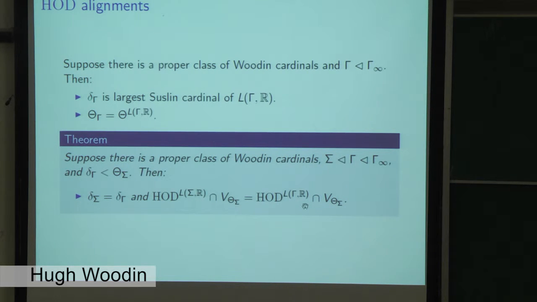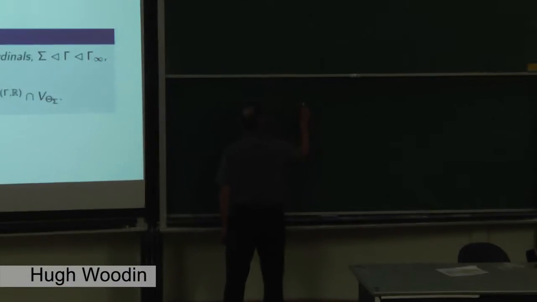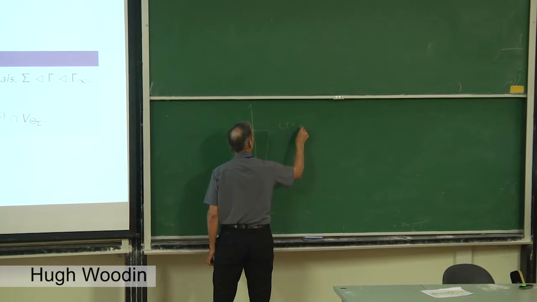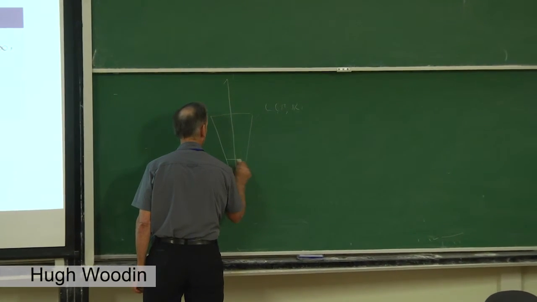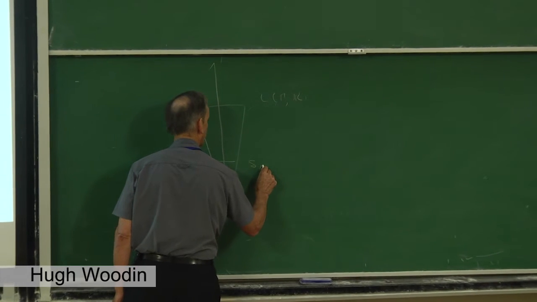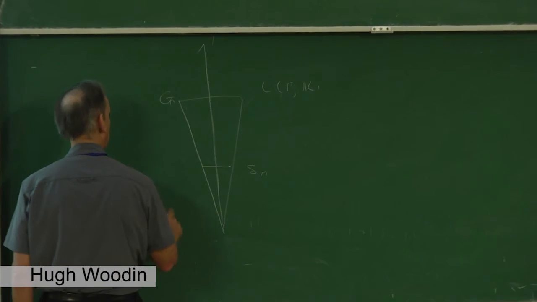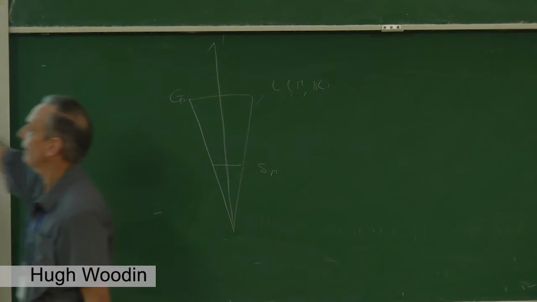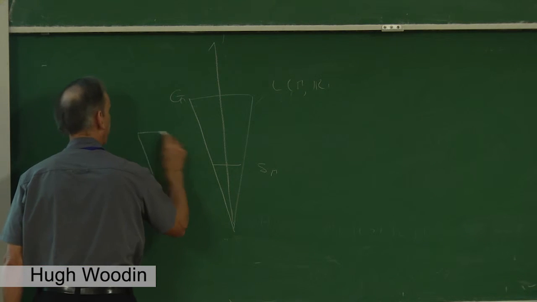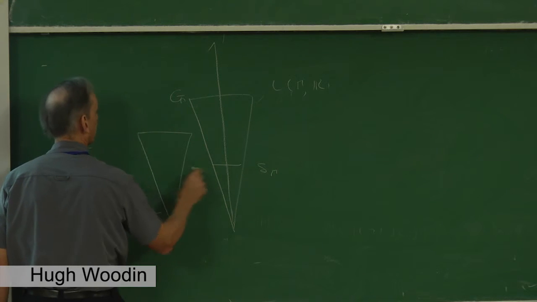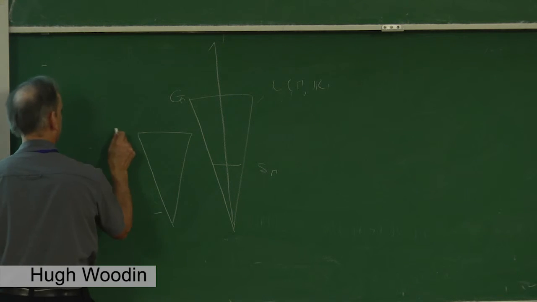And let me just draw a picture, because the picture makes it clear. This is L(gamma, R), and this is the theta. Here's the largest Suslin cardinal, delta gamma. This is theta gamma. Now we're taking a point class sigma smaller than gamma, so maybe it looks like this, but its theta goes past this largest Suslin cardinal.